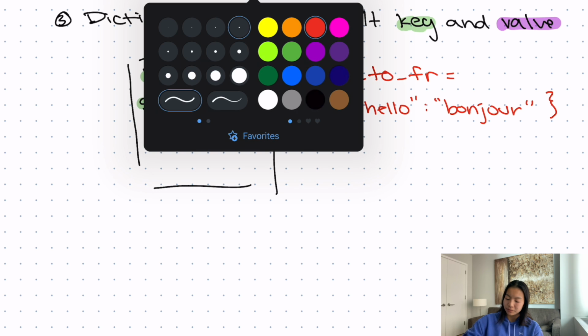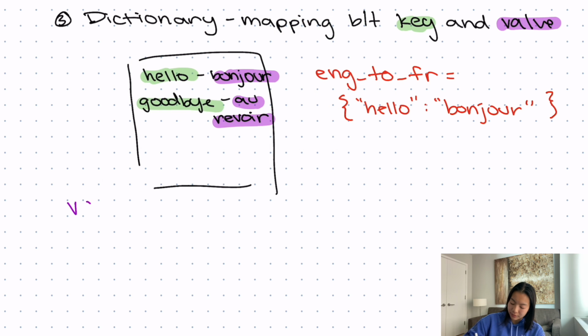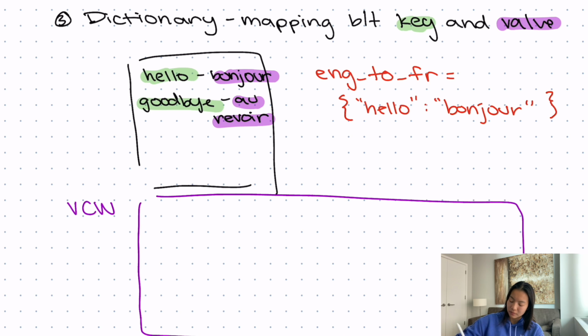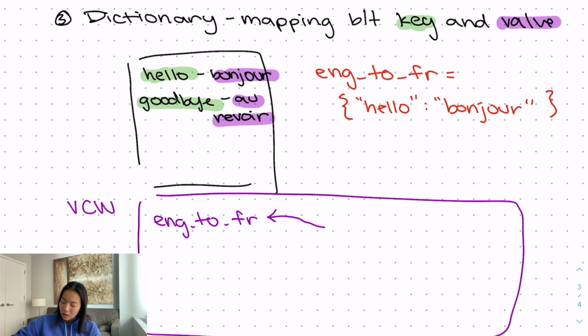Let's draw this out. So if I go to my virtual computer world, and I have English to French, and I am putting this into a dictionary. So how I like to convey dictionaries is I like to think about this as kind of a key box almost, okay? I'm going to use the same open bin as I did for lists because dictionaries are also mutable.